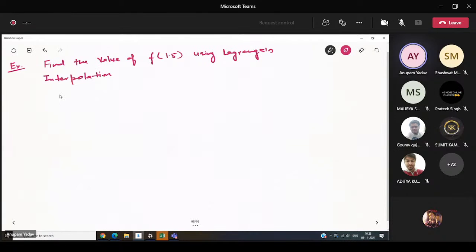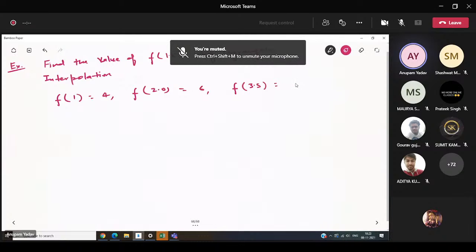for this data: f of 0, f of 1 equals say 4, and f of 2.0 is say 6, and f of 3.5 is say 2.